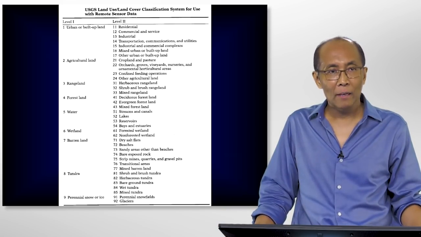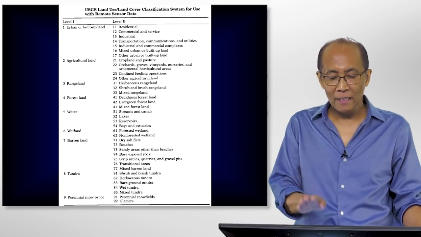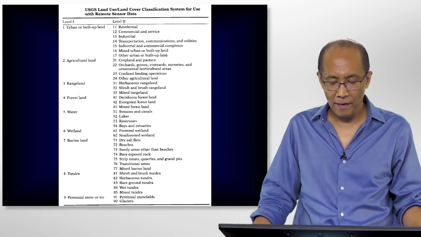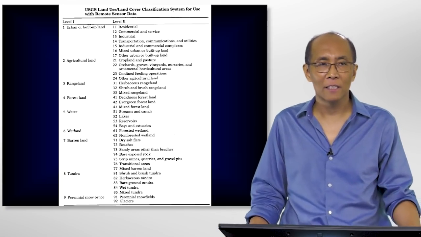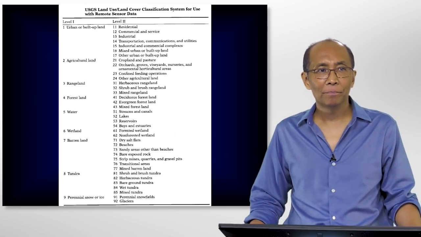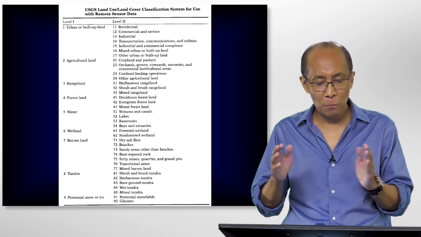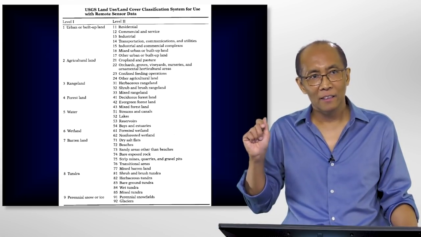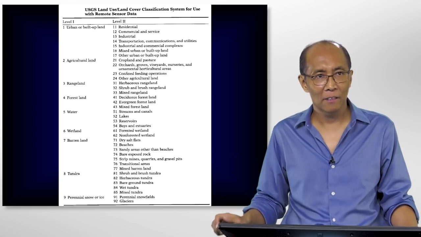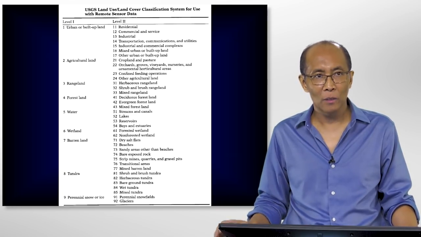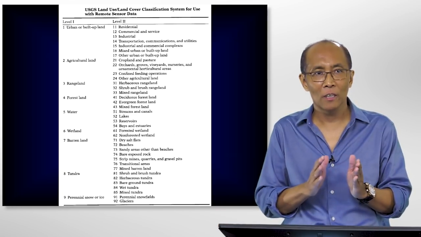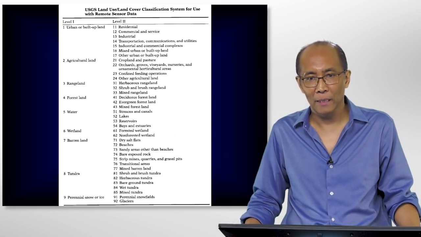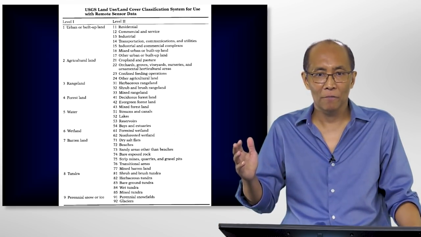So you can imagine that the satellite image that you use to identify level 2 classes basically has a smaller pixel size. Remember, the smaller the pixel size, the higher the level of details, right? So level 1 does not have the detailed land use land cover types, but level 2 has a lot higher level of details.